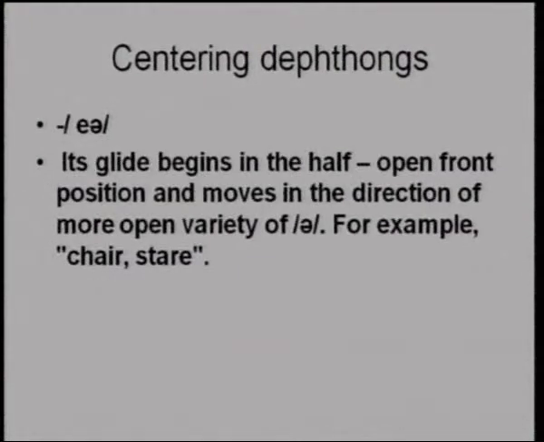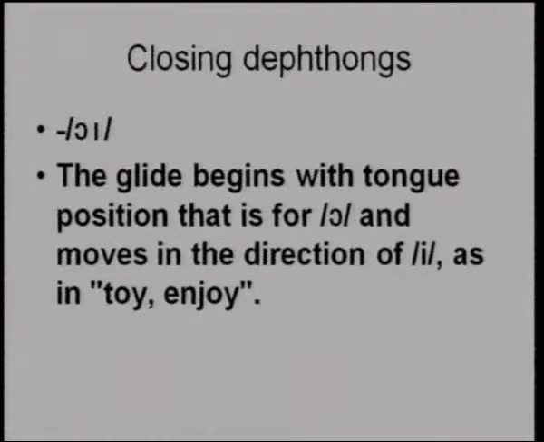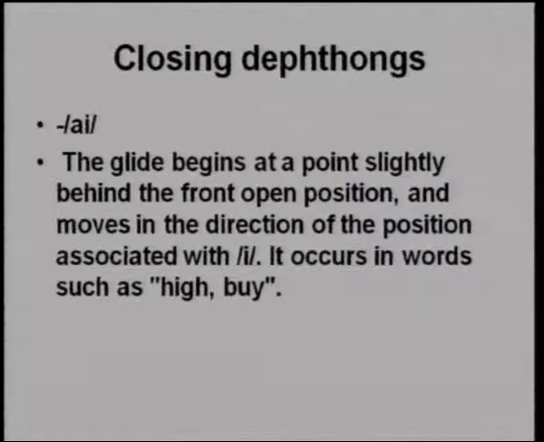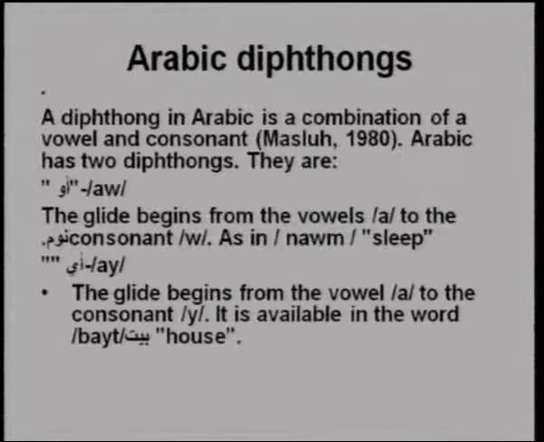We've seen the centering diphthongs, the three centering diphthongs, and the closing diphthongs. However, in Arabic, we only have two sounds. These two sounds originally are not found in English.